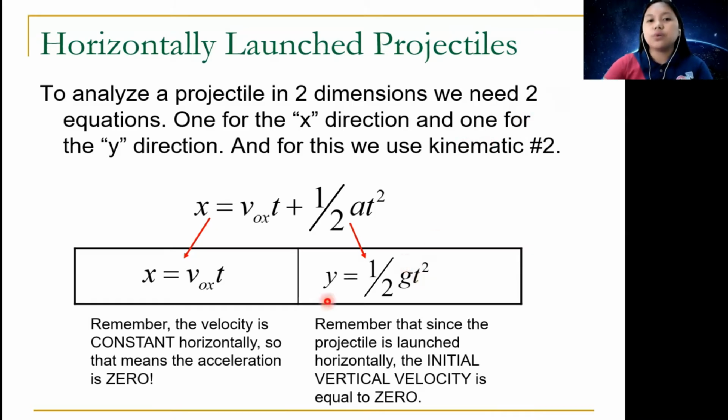Just always remember that the velocity in horizontal is constant and the acceleration is 0. On the other hand, for the vertical, remember that since the projectile is launched horizontally, the initial vertical velocity is equal to 0.